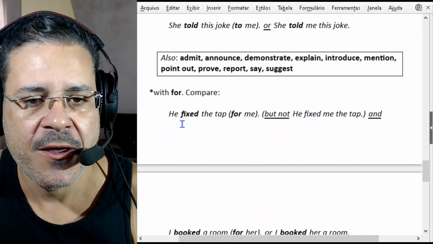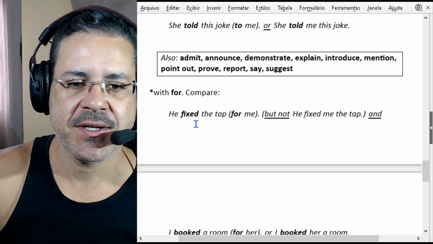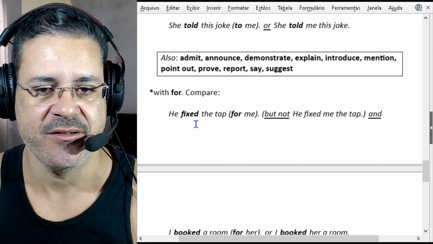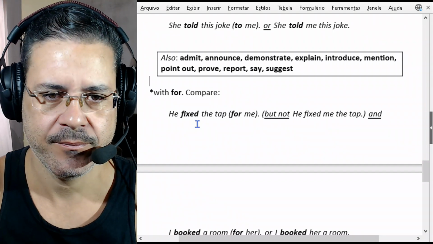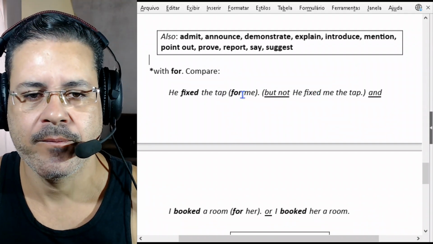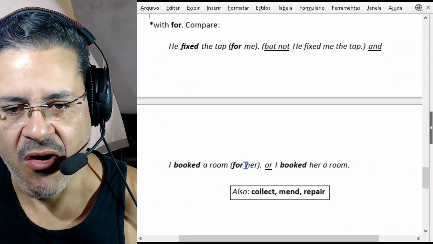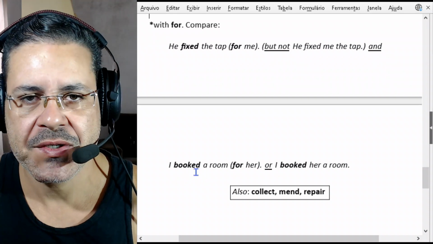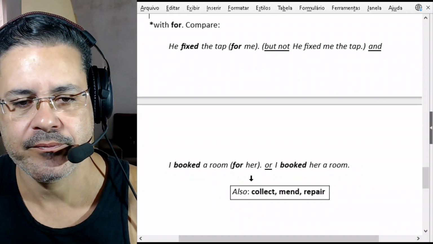Compare. "He fixed the top for me." He made me a favor. Another example: "I booked a room for her," or "I booked her a room."